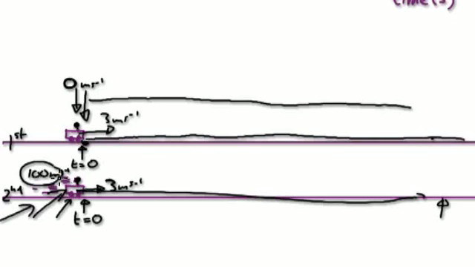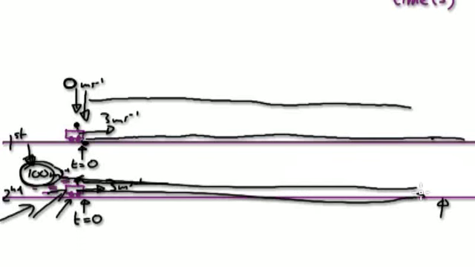Whereas in this second scenario, he's already going at 100 meters per second. While he's still traveling faster and faster, because he had an initial speed, he's just going to whiz past in the second scenario. Whereas in the first scenario, he's really slow at the start, and then he's going to speed up and speed up.